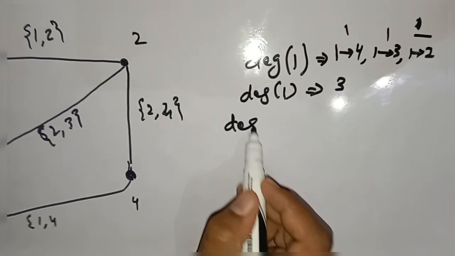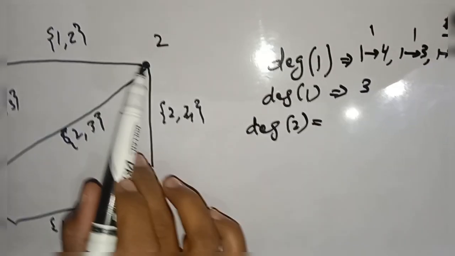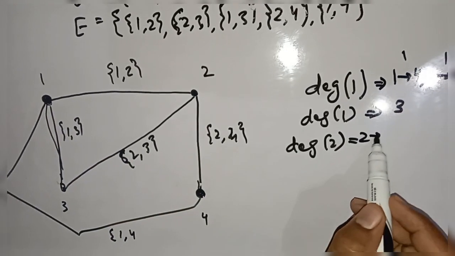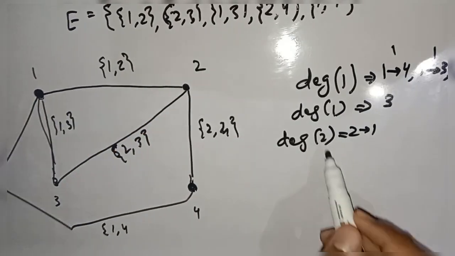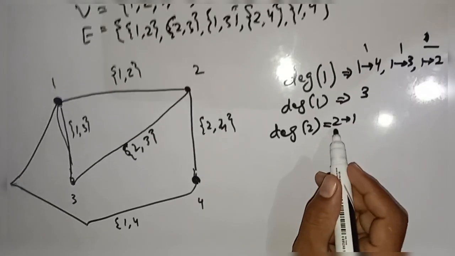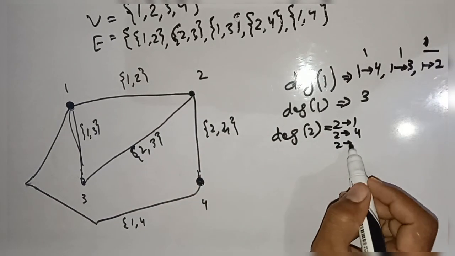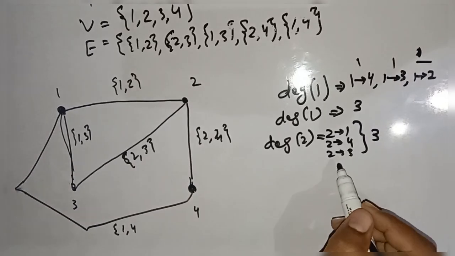Now the degree of 2. Node 2 is connected with 1, then with 4, then with 3. So the total degree is 3 here also.